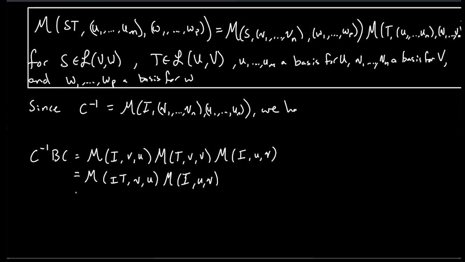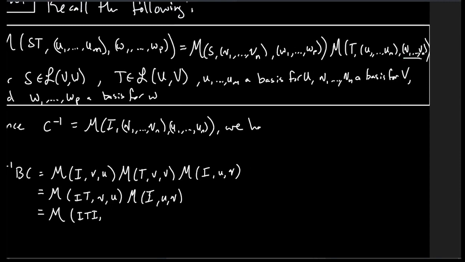Now I can do this again. I'll get the matrix of the identity times T times the identity. And now I just have to match up. Remember, we're matching up there and there, so first thing and last thing.